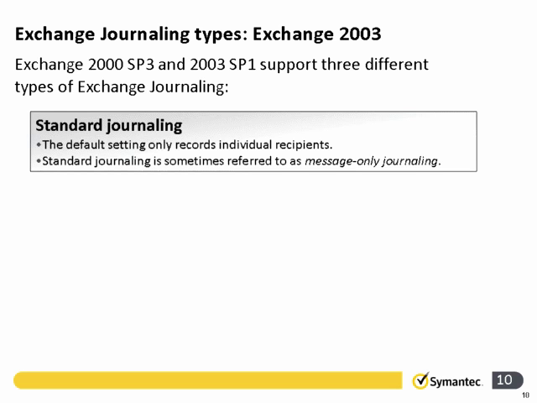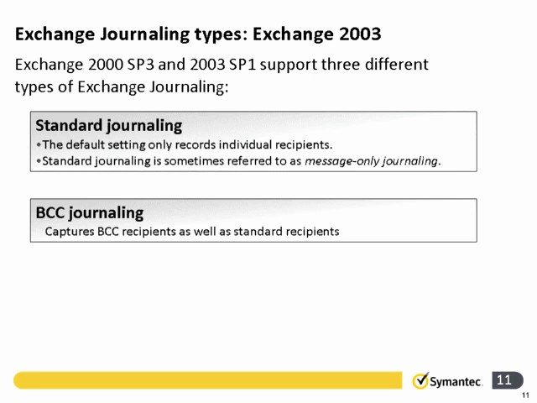This default setting only records the individual recipients. Standard journaling is sometimes referred to as message-only journaling, and in the Exchange 2003 environment, you can only set up journaling based upon an individual database. So you can't have different settings on the individual mailboxes themselves. You're setting this up based upon the mailbox database.